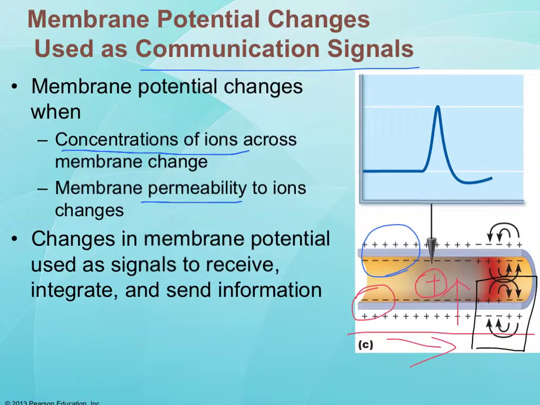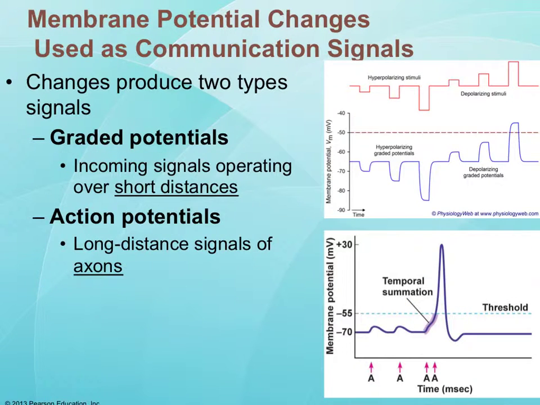and make the signal transmit. There are two different types of signal transmission. One is a graded potential, the other is an action potential. The graded potential is shown in this picture, and you can see that it has different shapes. Maybe the membrane potential goes more negative or goes positive. Those normally can only spread and operate over a short distance. The other one is the action potential.